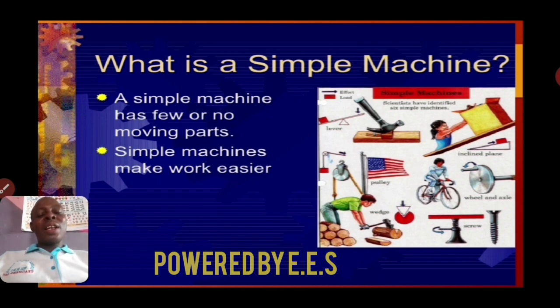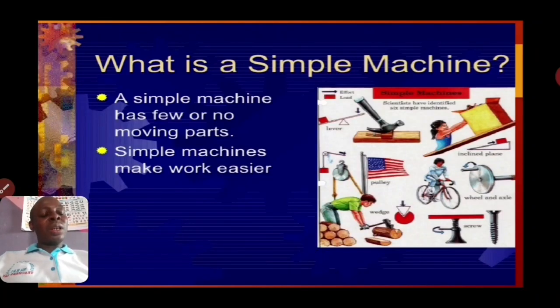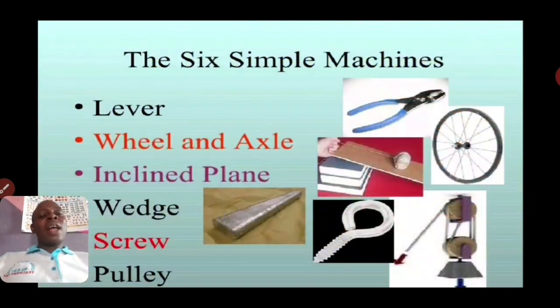That means they have just a few parts, and some of them don't have moving parts, like the hammer. But some have. That's why we say they have few or no moving parts. Is that clear?